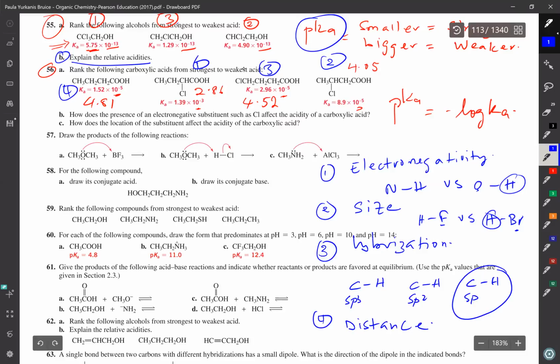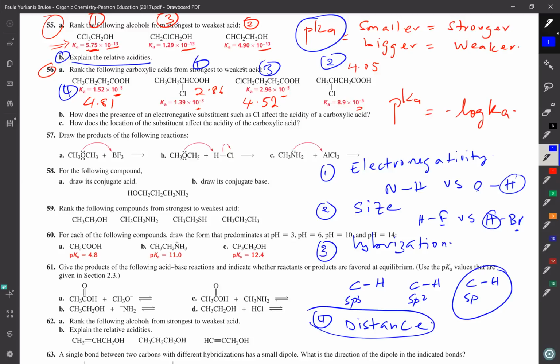Distance is also an important factor in this case. And usually distance can match up with electronegativity or with any of these. Distance per se is not a factor on its own, but you can use distance with all of these three factors. And in terms of distance, what I mean is, where is the hydrogen located with respect to those three factors that I said above?